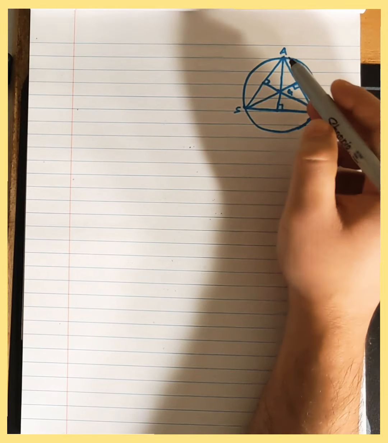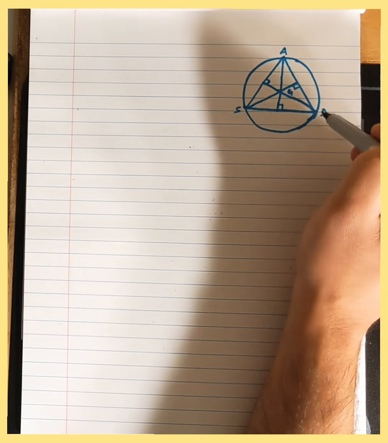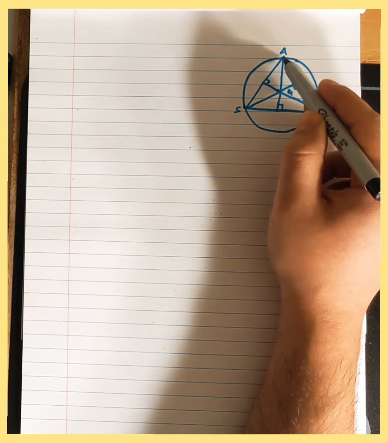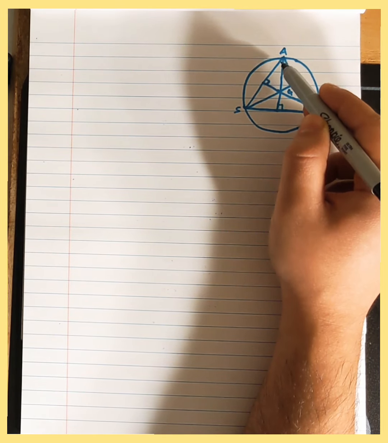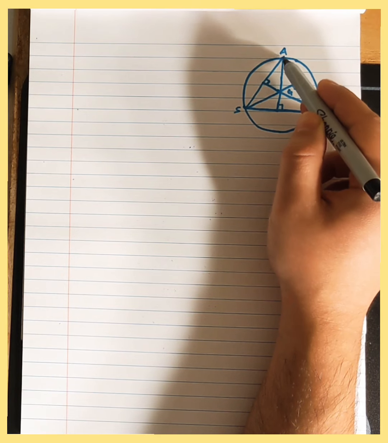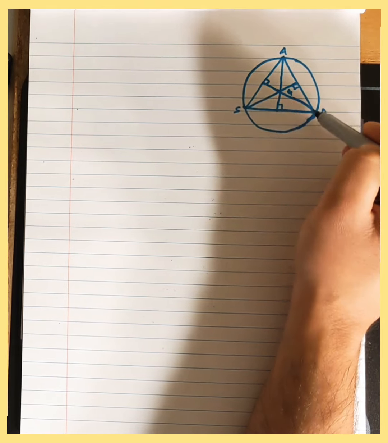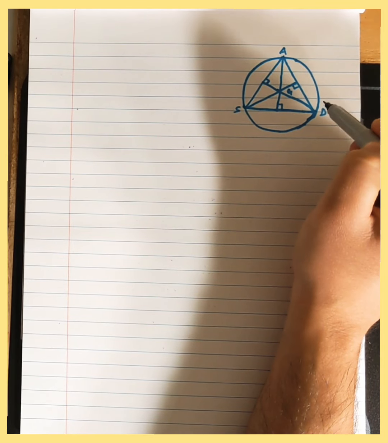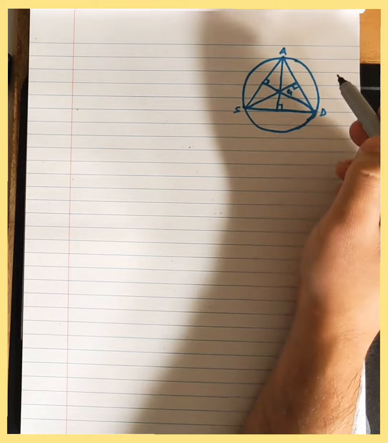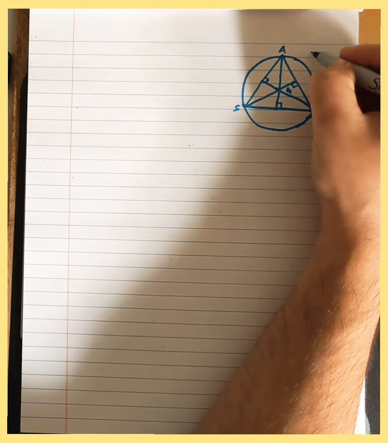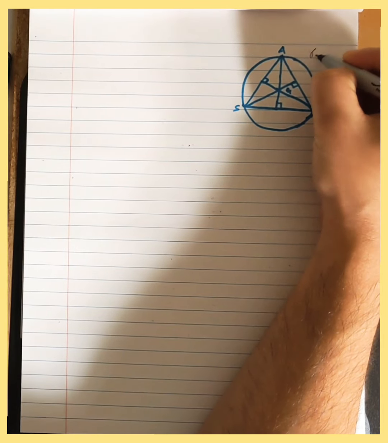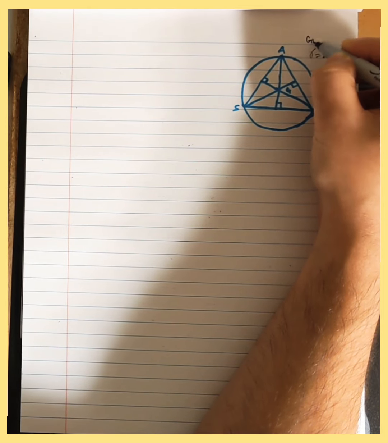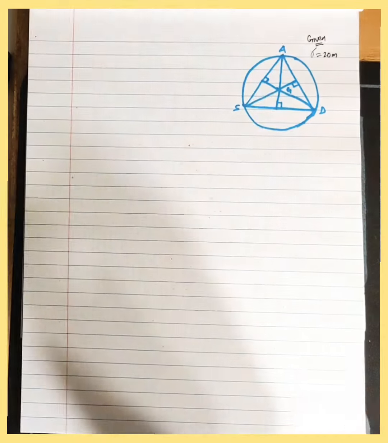A, S, and D are talking to each other using a toy telephone, and the length of the string is what we have to find. So length of the string would basically be the distance AS, SD or AD. We have been given that the radius of the circle is 20 meter.